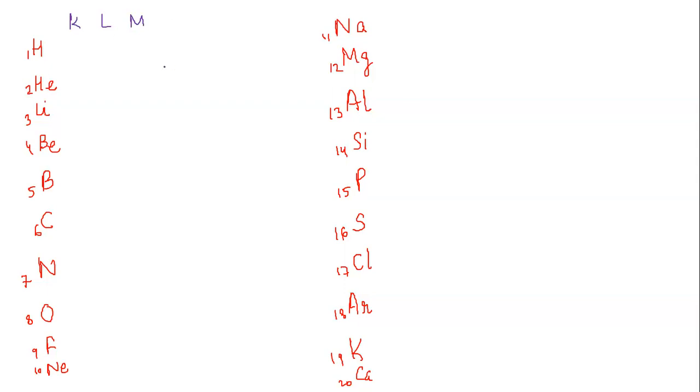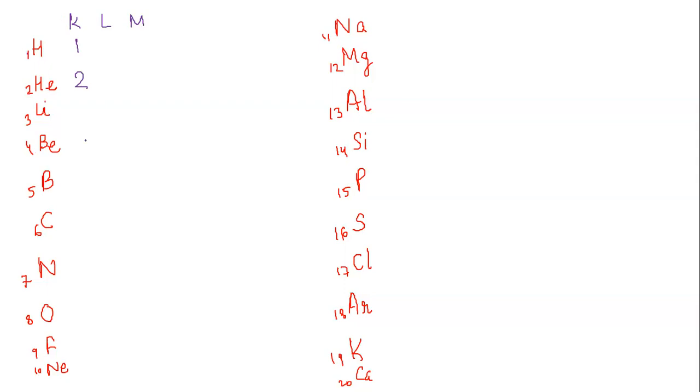For hydrogen it is 1, because hydrogen is 1, helium will be 2. What is the maximum capacity of the K shell? 2 electrons. Now the next electrons will go into the L shell. And what is the maximum capacity of the L shell? 8, correct.